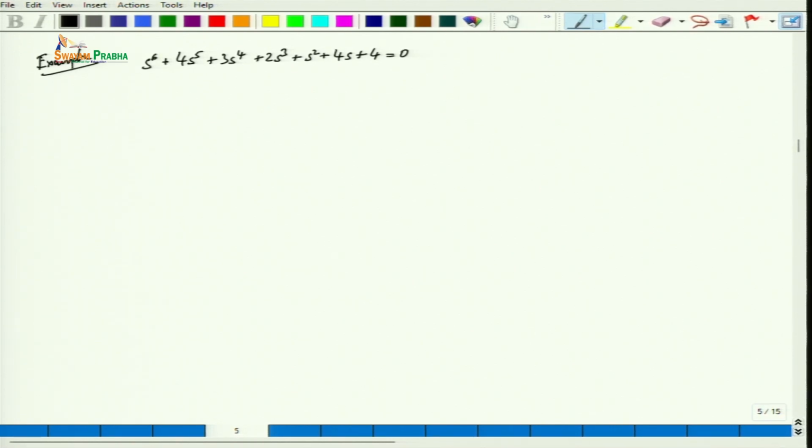Now we are given this characteristic equation and we have to determine if the roots of this characteristic equation, that is the values of s, have negative real parts or positive real parts, that is, are they in the LHP or RHP.